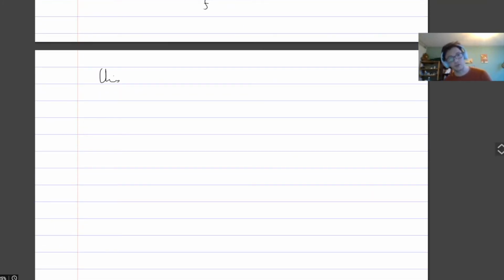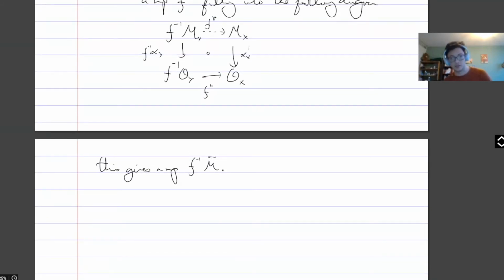So this gives a map f inverse of M bar of Y goes to M bar of X. So we say f is strict if this is an isomorphism.